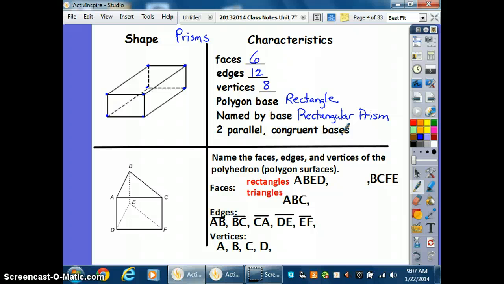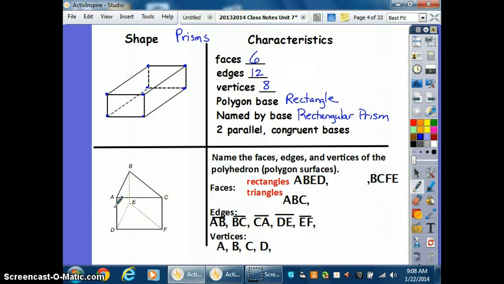Let's name the faces, edges, and vertices of the polyhedron. Polyhedron meaning it's made up of polygons, triangles and rectangles in this case. I think there are three rectangles. I've got two of them for you. I have A, B, E, D, the one on this left side. And then I also have the one on the right, B, C, F, E, this one back here. But I'm missing the front one.